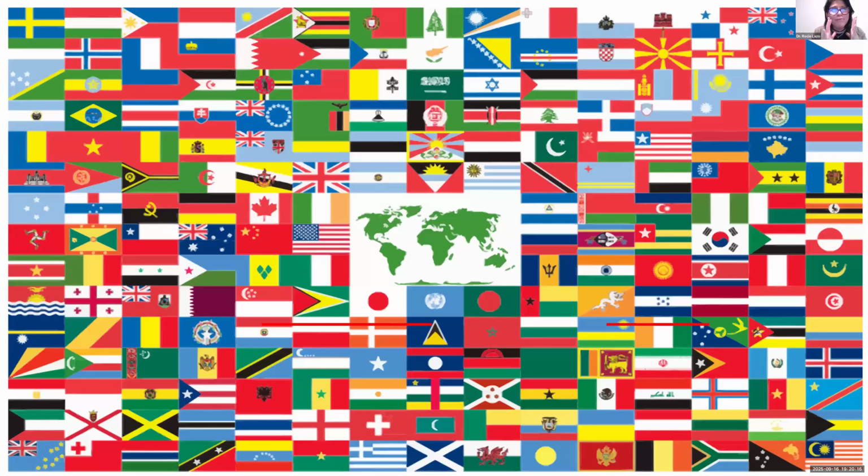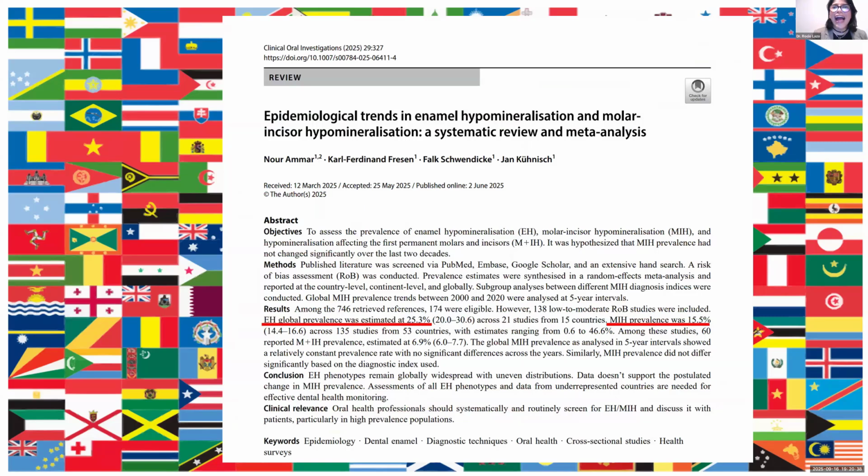But if we talk about MIH, it's important to know that MIH means that you have opacity in molars and incisors. If you don't have opacities, hypomineralization in the first permanent molar, you can't call it MIH. So today, let's talk about hypomineralization, not MIH.